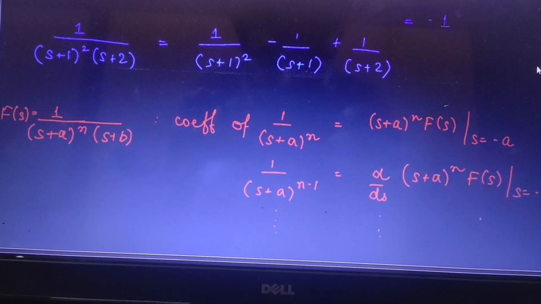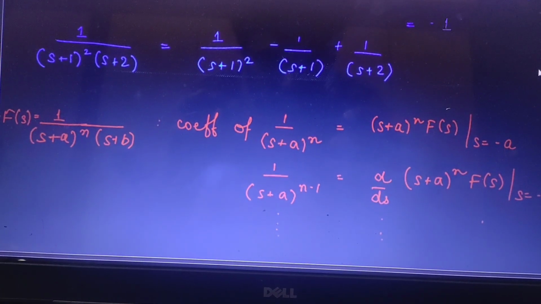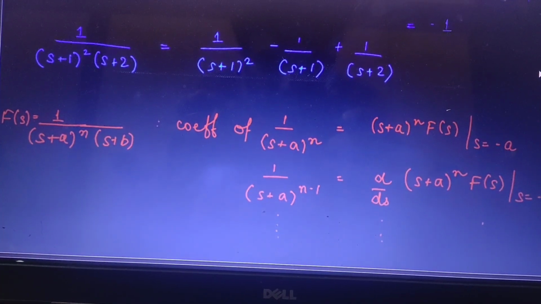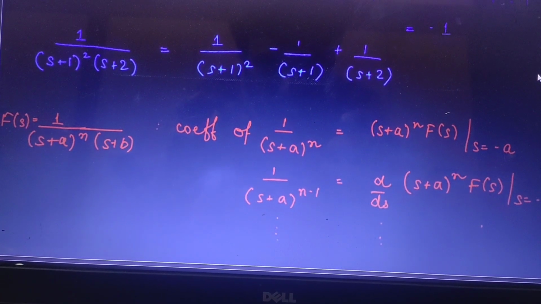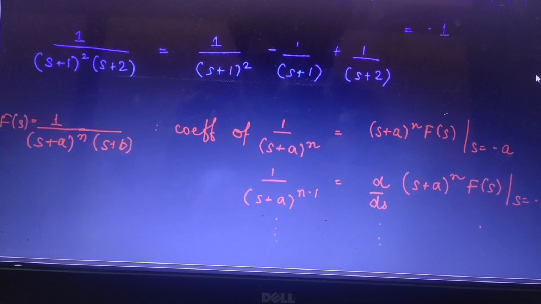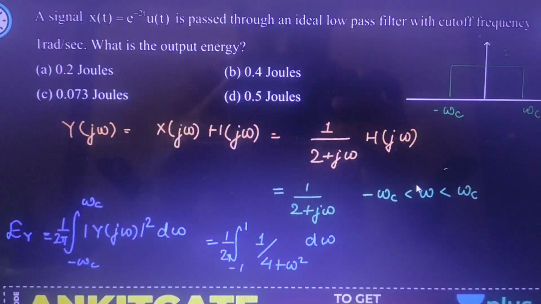To find the coefficient of 1 by (s plus a) whole power n minus 1, write d by ds, the first derivative of (s plus a) whole power n into F of s, where s tends to minus a.